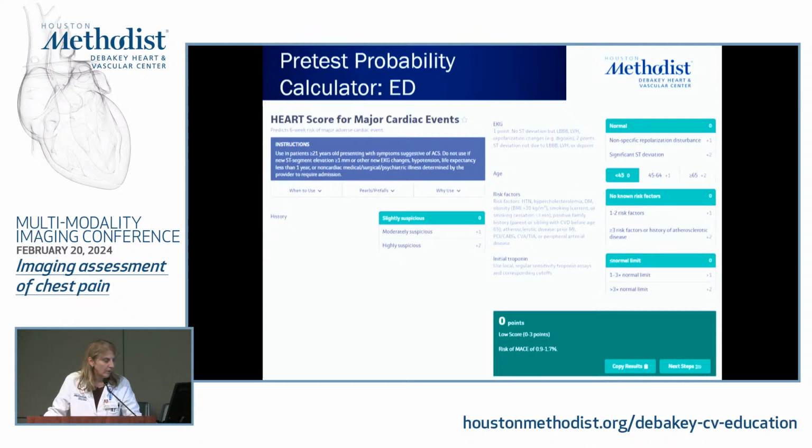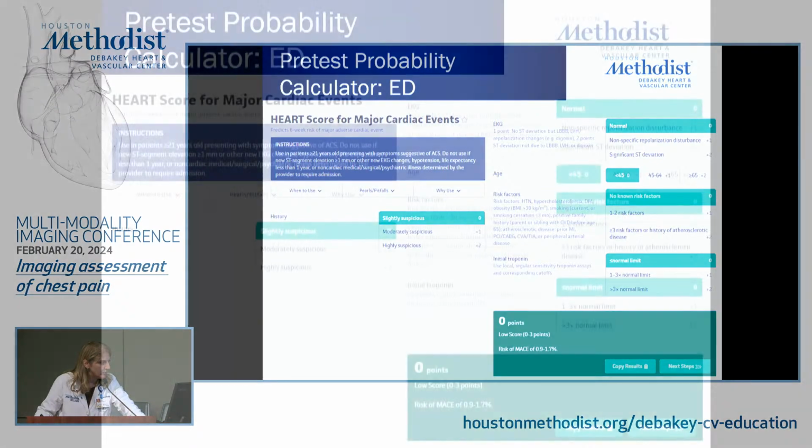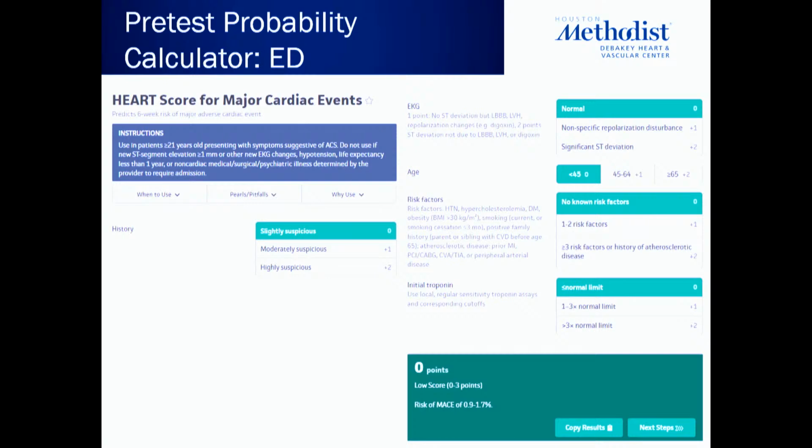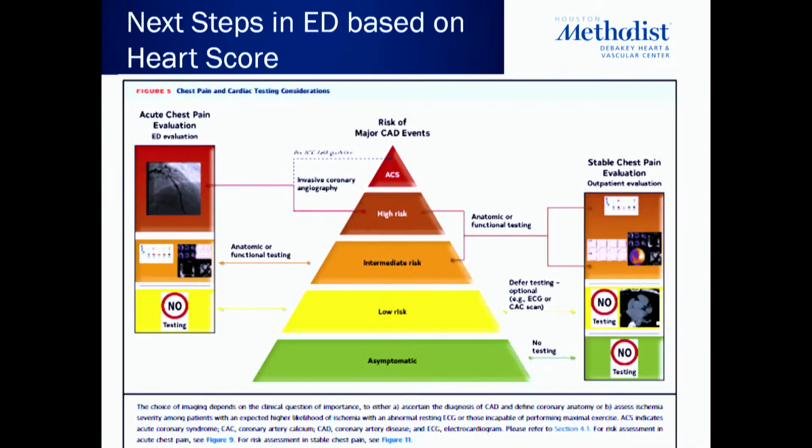We use the HEART score, and you can see that in the ED, the HEART score relies on the history, the EKG findings, the age, risk factors, and the initial troponin. And how does that help us? Again, we're trying to identify the high-risk patient that needs to go directly to the cath lab, from the intermediate risk patient, which needs further either functional stress testing or anatomic imaging, and then the low-risk patient that doesn't need anything, just needs to be discharged and followed up as an outpatient.